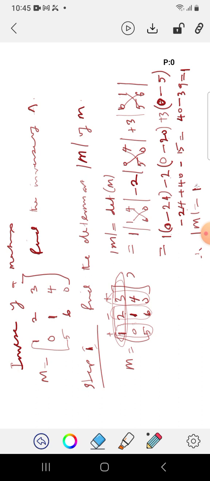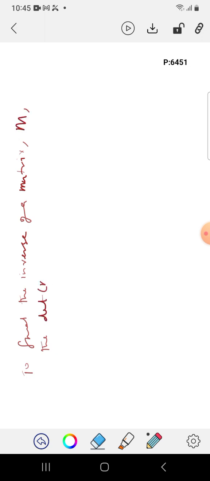That's very, very important. If you're asked to find the inverse, let me clear the screen. To find the inverse of a matrix M, the determinant of M must not be equal to 0.